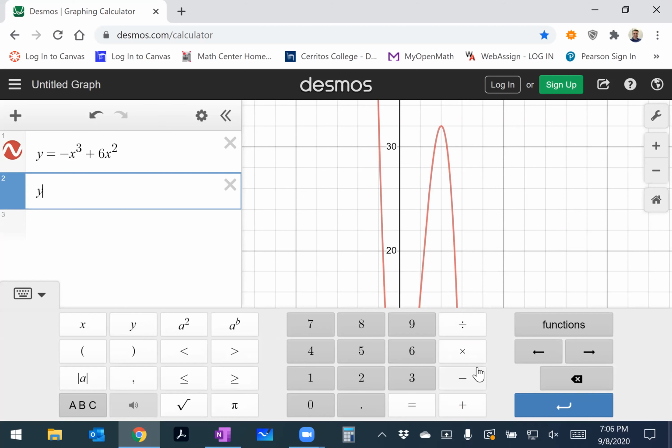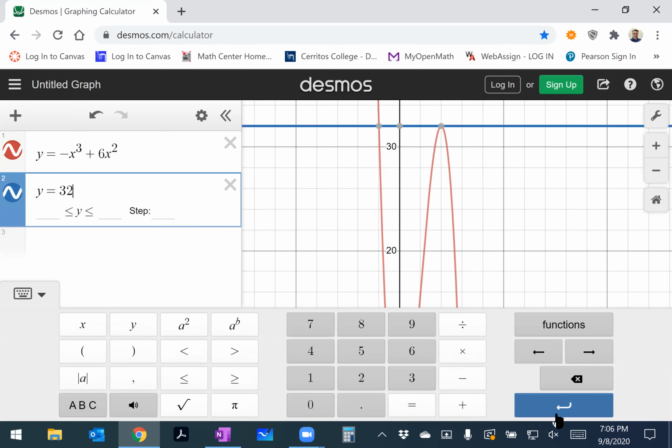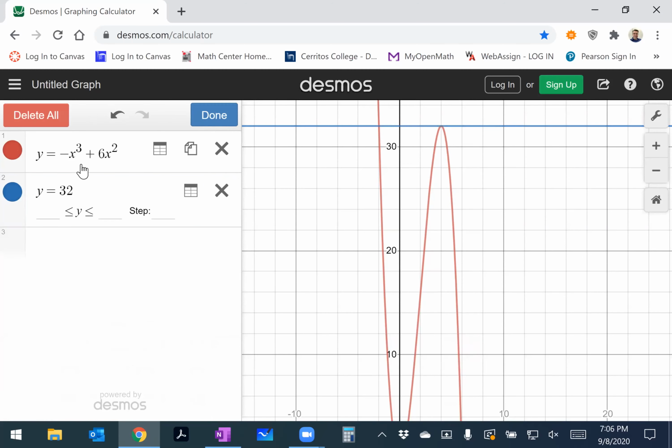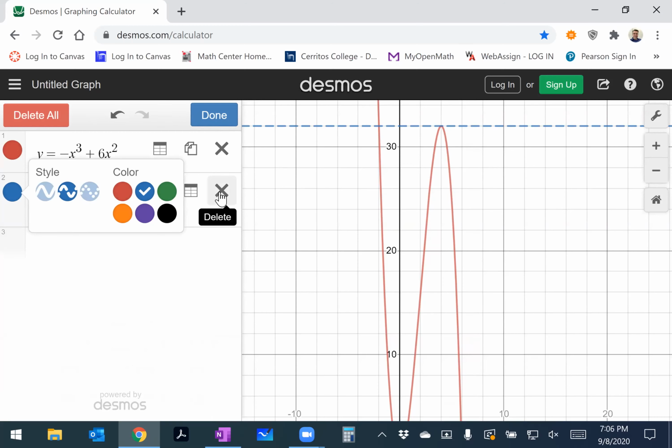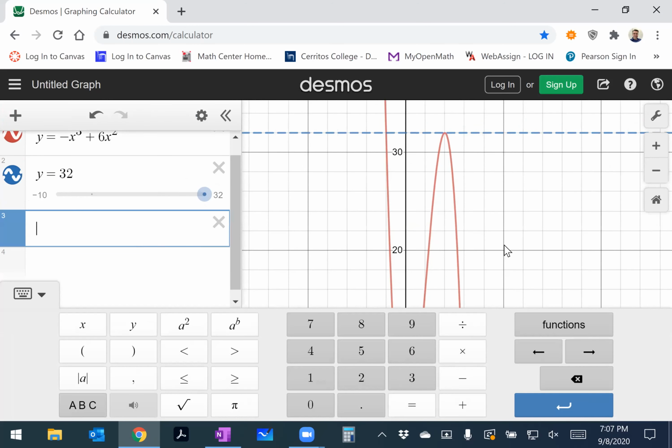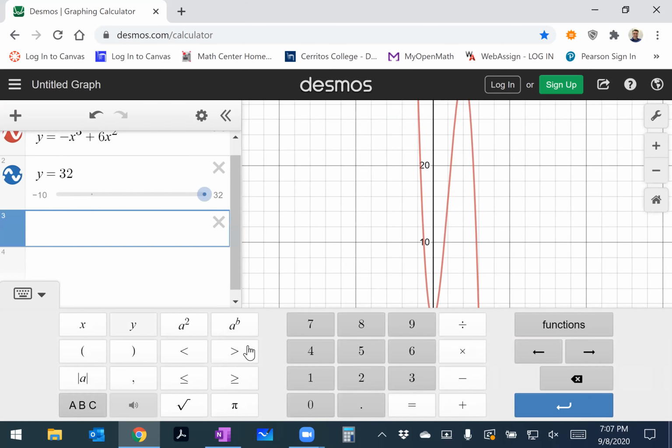So y equals 32 is a horizontal tangent. You can see that that tangent line is horizontal there. And y equals 0 is also a horizontal tangent, which is just the x-axis.